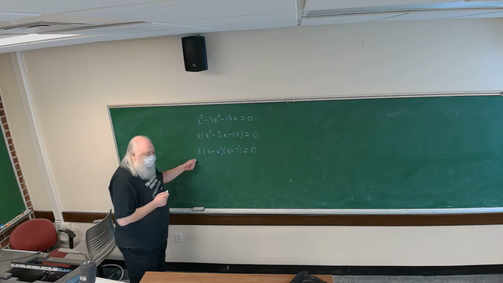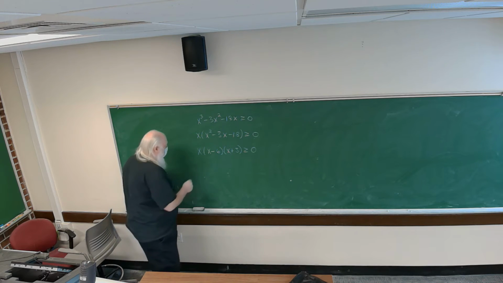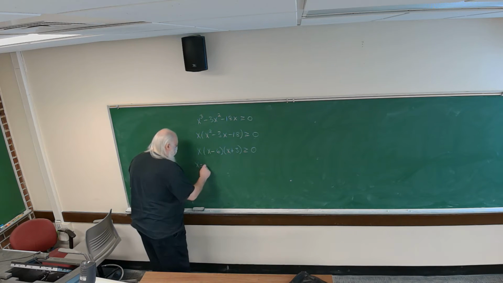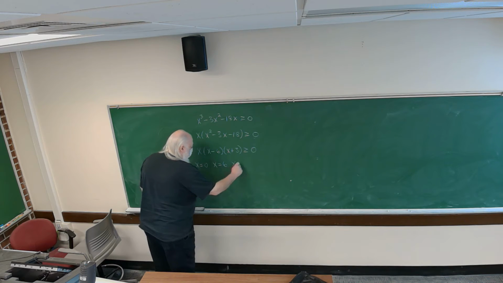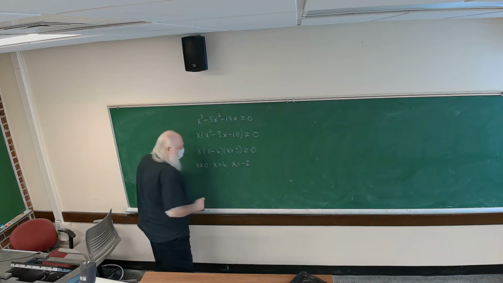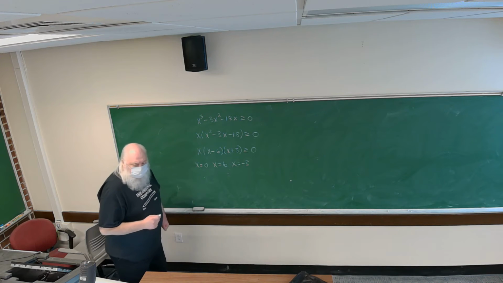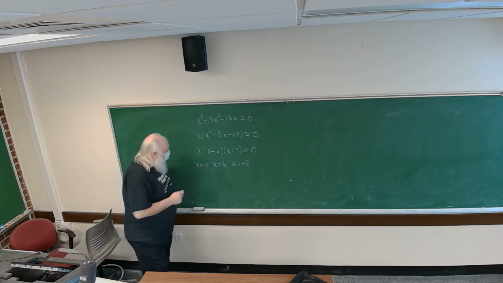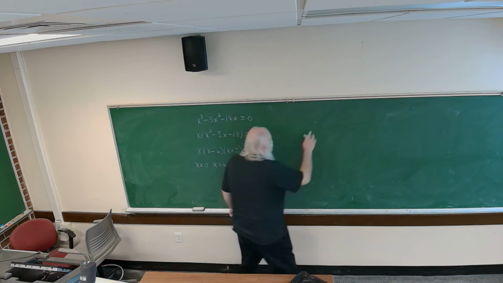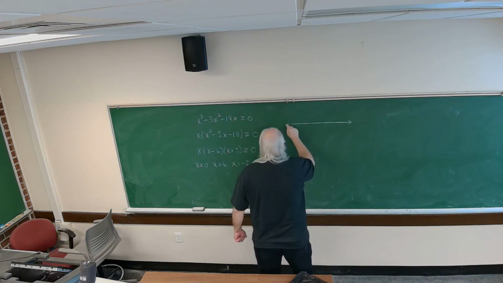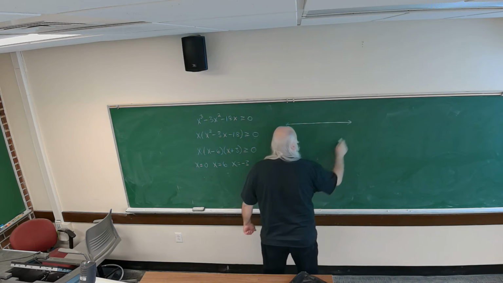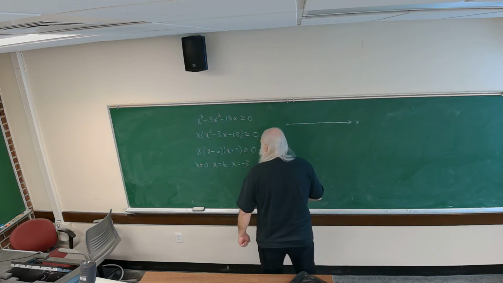Then you have to find the zeros of the left-hand side. So x equals 0, x equals 6, x equals negative 3. Then you use those to split up the real number line into intervals.